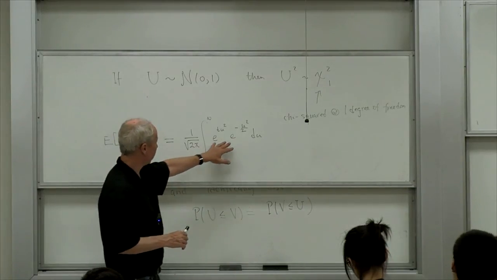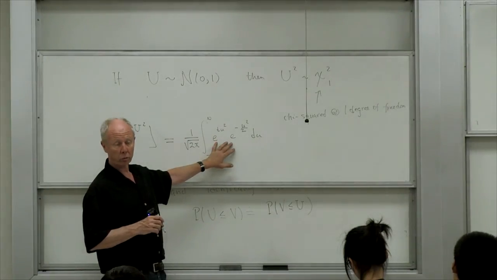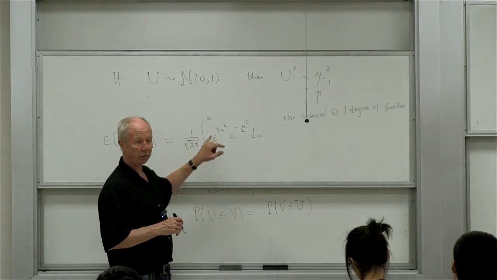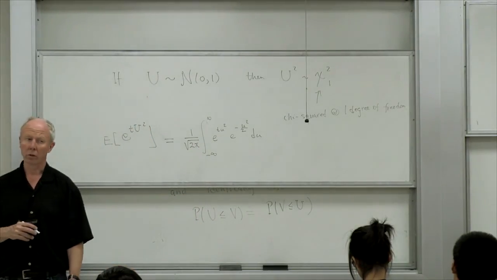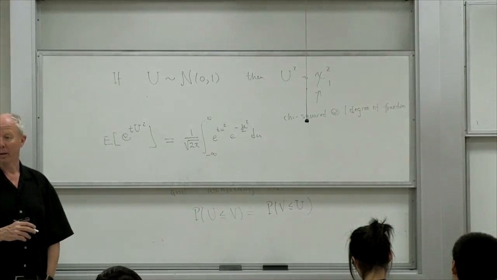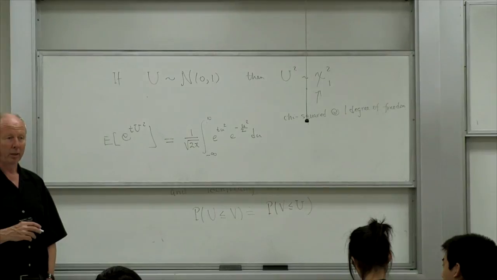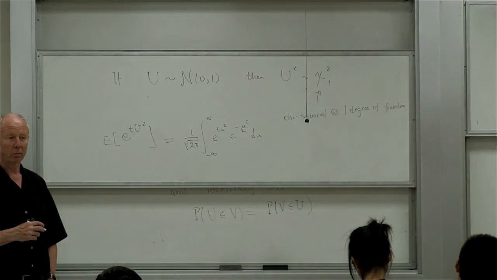What is this product when t is 1? E to the u squared over 2. And you're integrating from minus infinity to infinity. What does e to the u squared over 2 do when u goes to plus or minus infinity? Goes to infinity. So do you think it has a finite integral? No. So if t is 1, this is not going to work, or it's going to be infinite. For what values of t would it be finite?